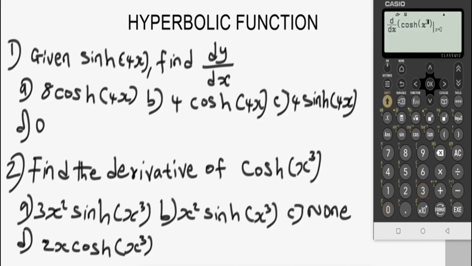So that's it. Ensure the brackets are balanced, guys. Here the number of brackets at the left is 2, at the right we have 1, so we're going to add one more here to balance it. So go to this place and put 2. So that's the question we have.